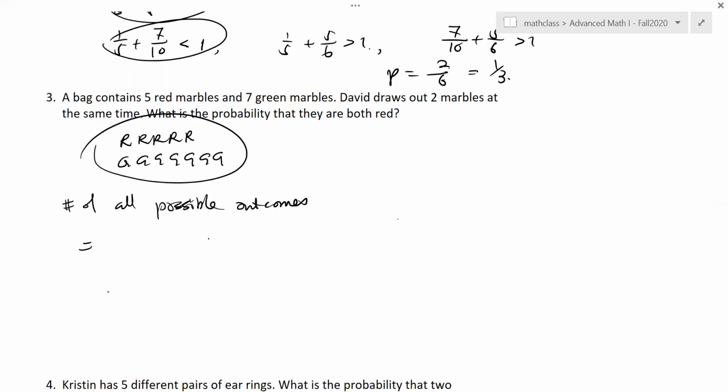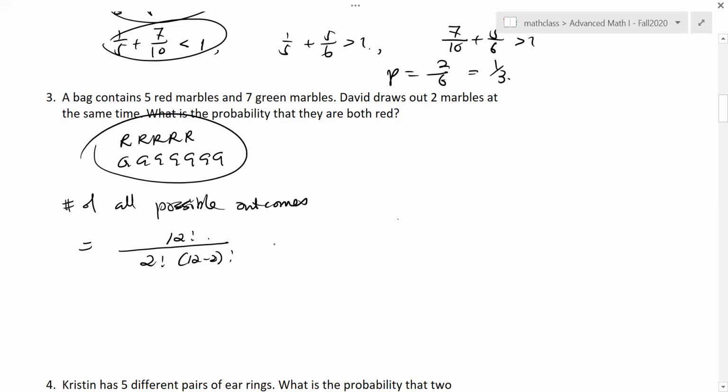If you draw 2 out of 12, and do not count their order, it's similar to the problem where you select 2 students to form a team out of 12 students. So there's a standard formula: 12 factorial divided by 2 factorial and 12 minus 2 factorial.